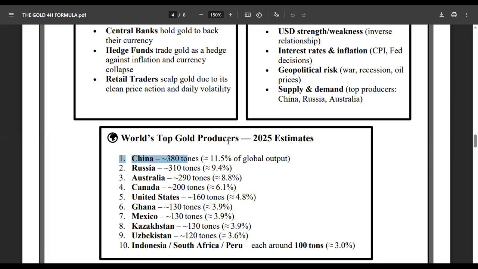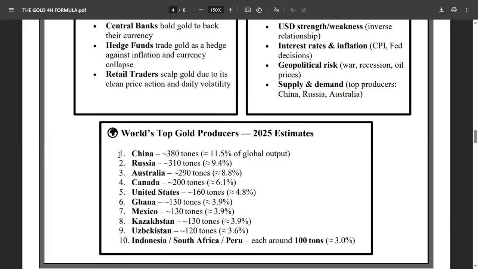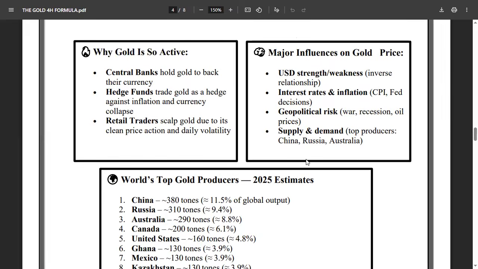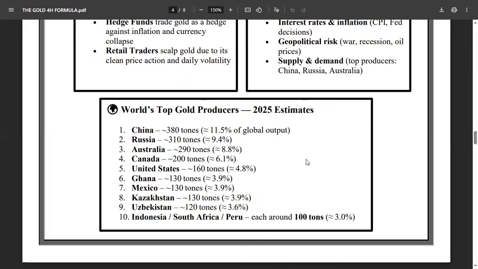If someone tells you don't trade the Asian session since you cannot find entries or there is no liquidity there, he is wrong, because the number one producer in the world is in Asia. So you can trade any session. Why do we find London and New York having such high volume?